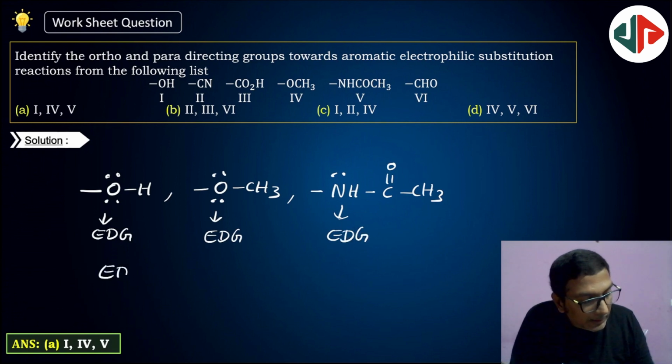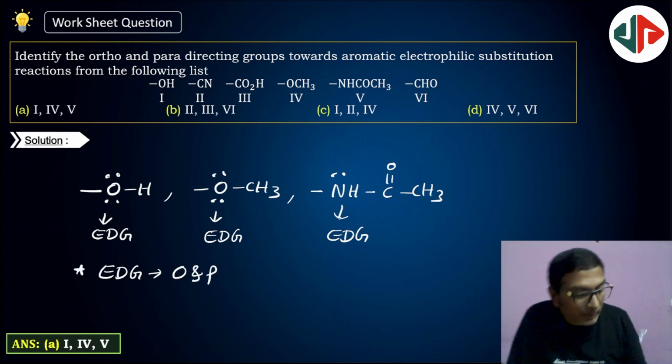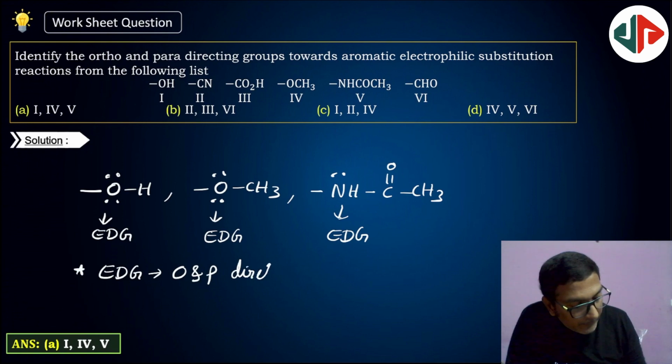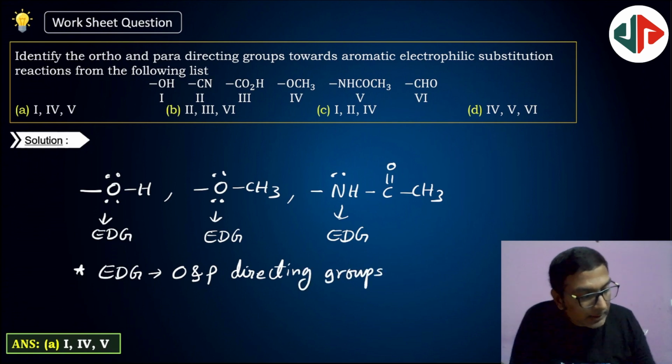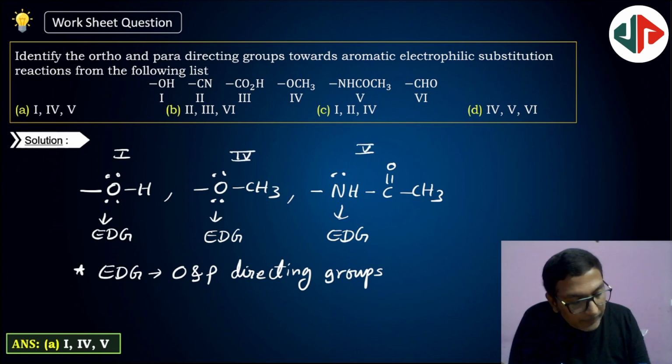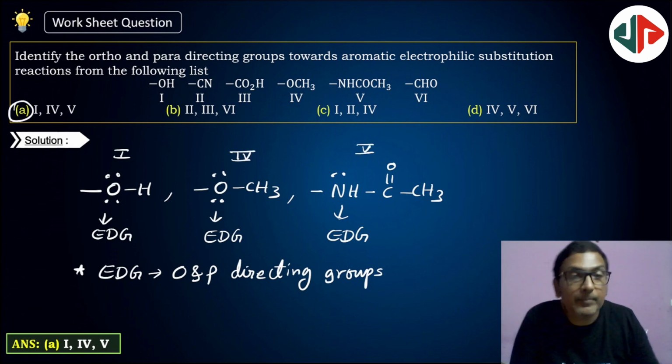So electron donating groups are ortho and para directing groups. So that is A: 1, 4 and 5. Option A. Next.